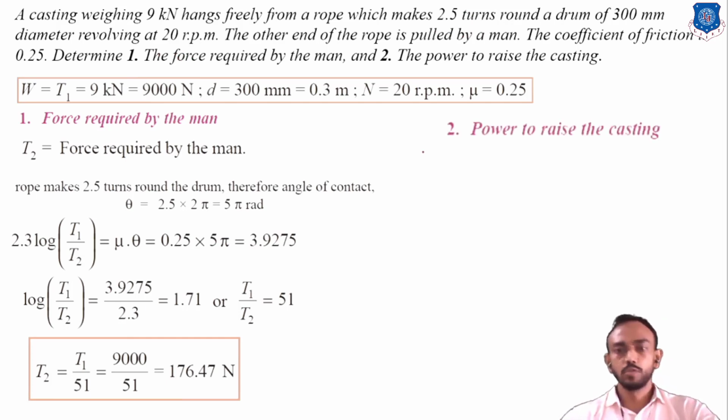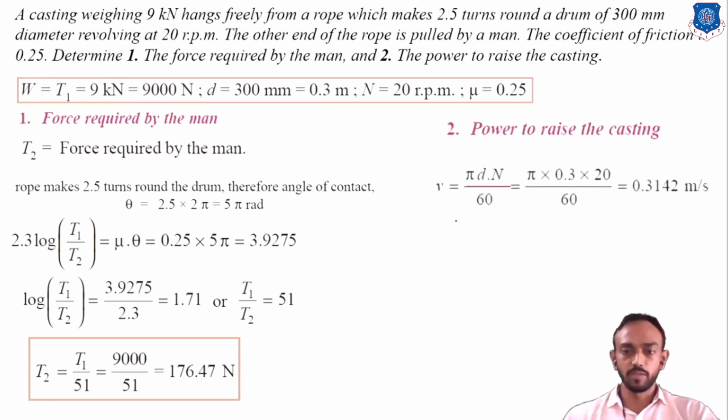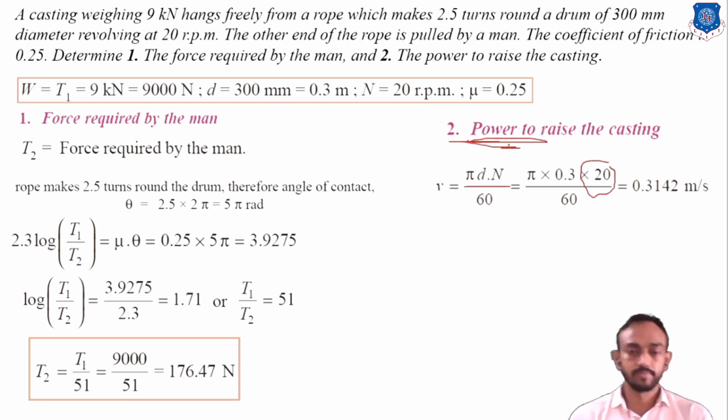Second, we have to find the power to raise the casting, which can be found from velocity equal to πDN upon 60. Here D is the diameter of the pulley and N is the RPM of the pulley, which is 20.